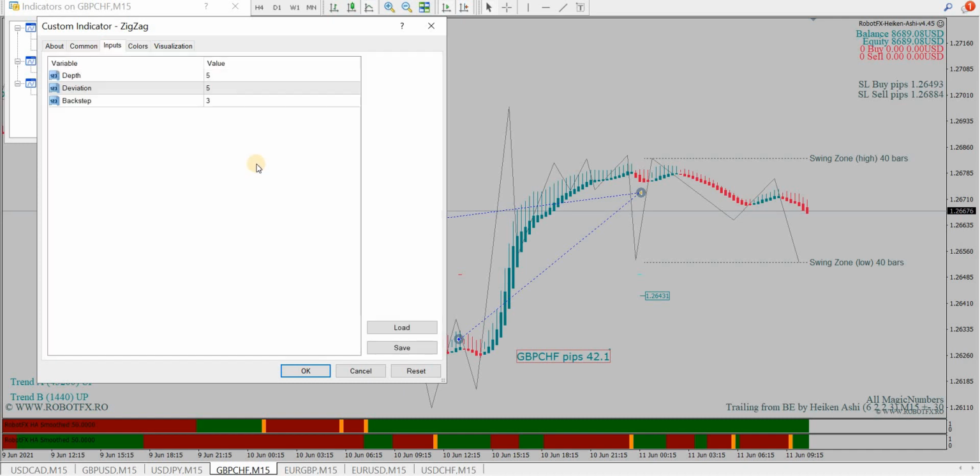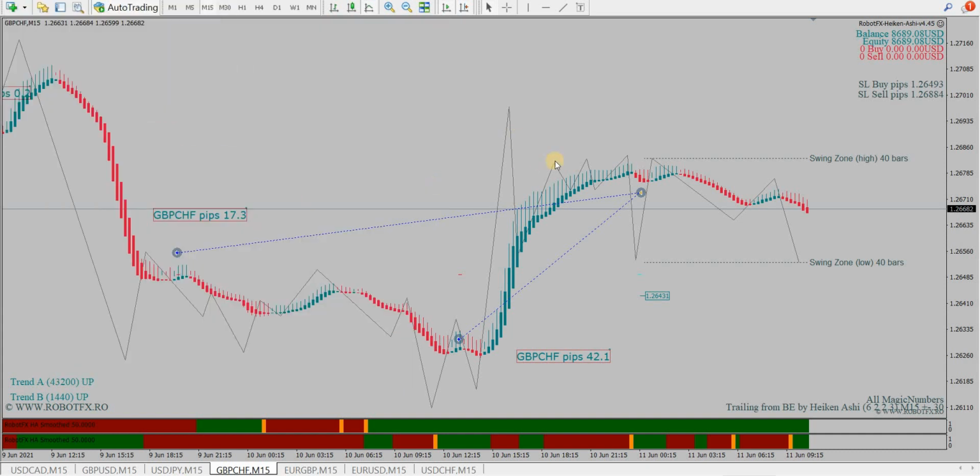The zigzag indicator with these values is perfect to show the highs and the very close higher highs and lower lows that the price will make. And this is what happened on the GBP CHF chart.